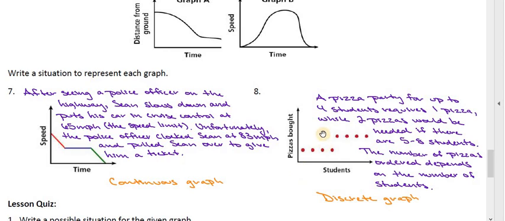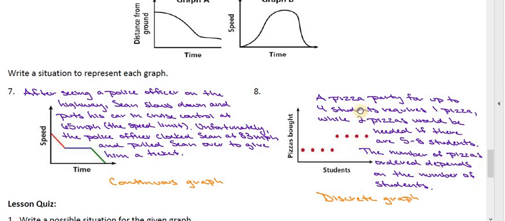And then number 8, about our pizzas bought versus number of students. So a pizza party for up to 4 students requires 1 pizza, while 2 pizzas would be needed if there are 5 to 8 students. The number of pizzas ordered depends on the number of students.